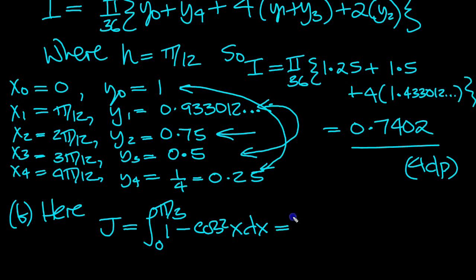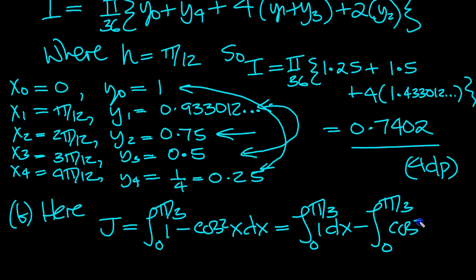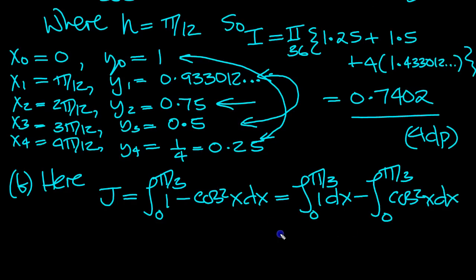Then we can split this integral up into 0 to pi over 3 of 1 dx minus the integral of 0 to pi over 3 of cosine squared dx. So this is equal to, the integral of 1 is x, and between pi over 3 and 0 is just pi over 3, so we can write that down straight away, minus I. So pi over 3 minus I.